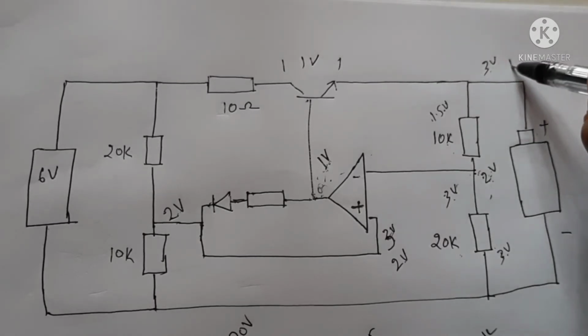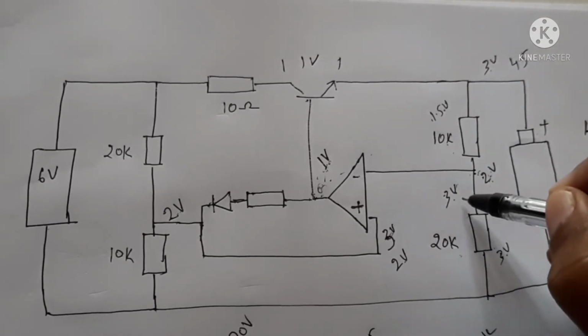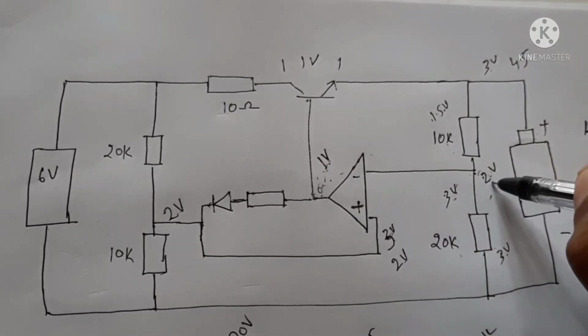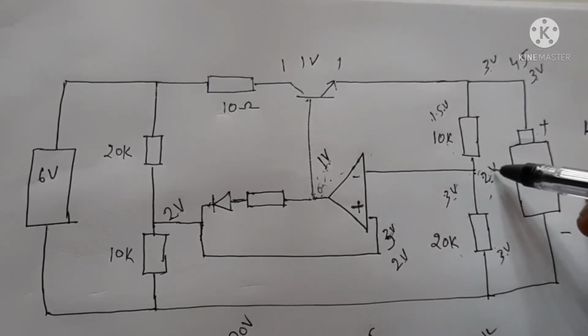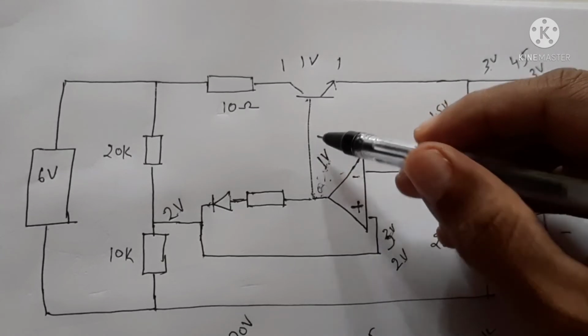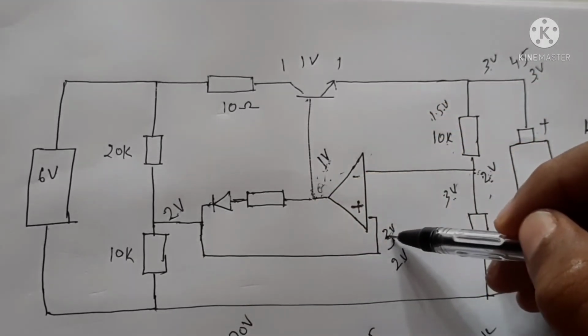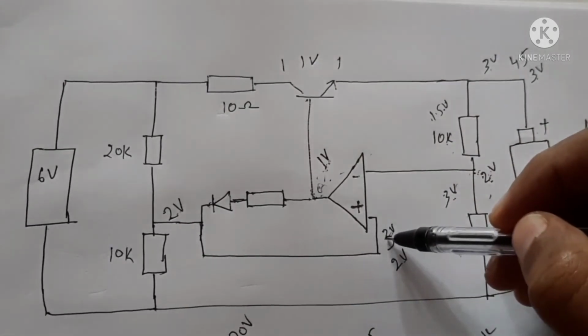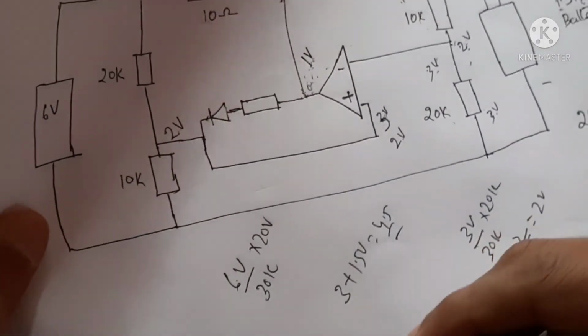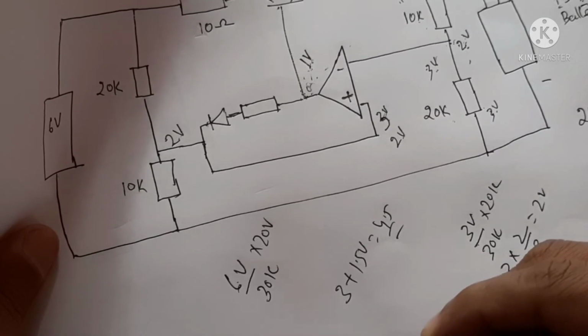That means when the battery is at 4.5 volt, this point is at 3 volt. To have 2 volt at this point, the battery voltage has to be discharged to 3 volt. When the battery voltage is reduced to 3 volt, this point becomes less than 2 volt, and again the transistor is on. When the transistor is on, the reference voltage increases from 2 volt to 3 volt.